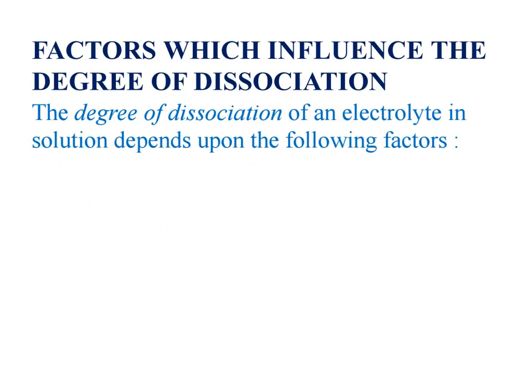What are the factors which influence the degree of dissociation or degree of ionization? The degree of dissociation of an electrolyte in solution depends mainly on 4 factors. The first one is the nature of solute.